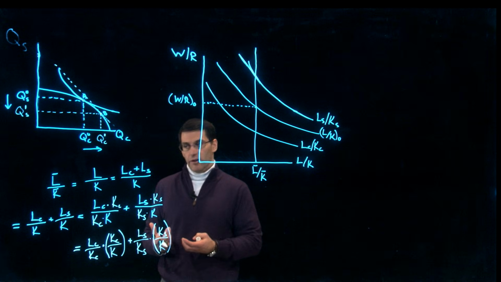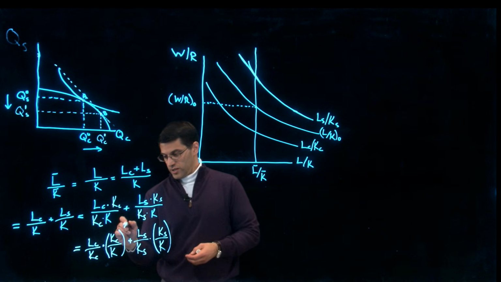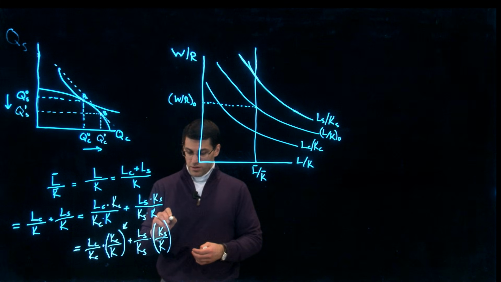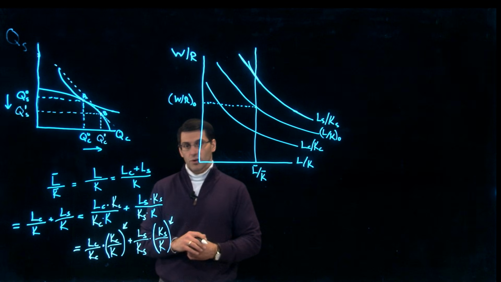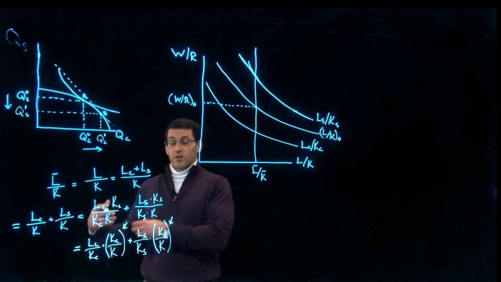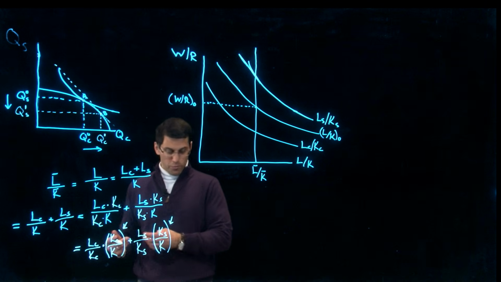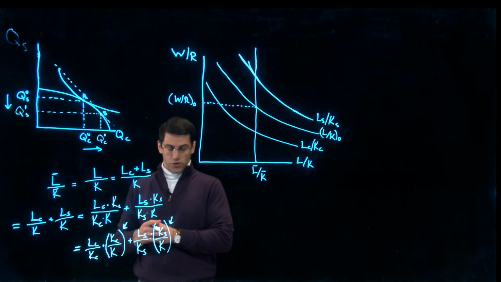So in other words, this Kc over K, the share of capital that's employed in computers, is going to increase. At the same time, Ks over K is going to decrease because we're taking labor and capital out of shoe production in order to put them into computer production.